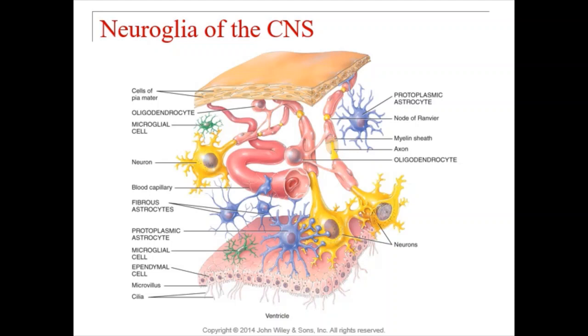These cells actually also make a fluid. I want you to know the fluid your ependymal cells make. It's called cerebrospinal fluid, sometimes abbreviated CSF. That's the fluid that's buoyant within and around the brain and spinal cord. Why? Well, your brain's sitting in your skull, and skull bones are hard, and your brain has the consistency almost like pudding.